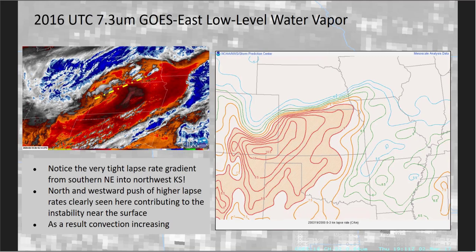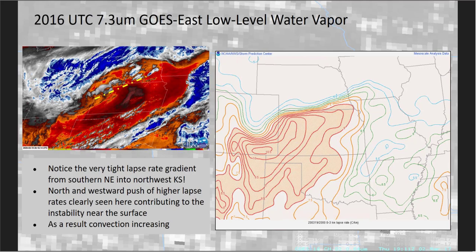Again, a look at the low-level lapse rates. You can see in western Kansas, based on the mesoanalysis page anyway, these 10 degrees C per kilometer lapse rates have gone northward now towards the Nebraska border, increasing that gradient, a very tight gradient in that area.